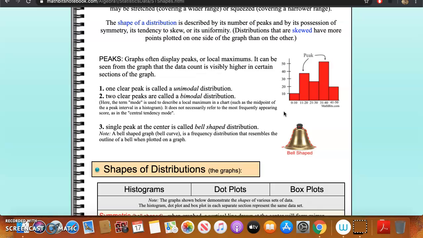We know that when we studied our statistics way back, we learned about mean, median, and mode, correct? And we know that the mode represents the number that appears the most. That was way back in grammar school.